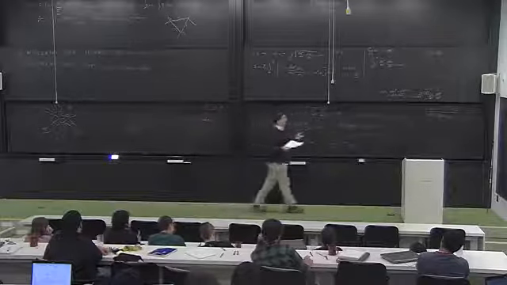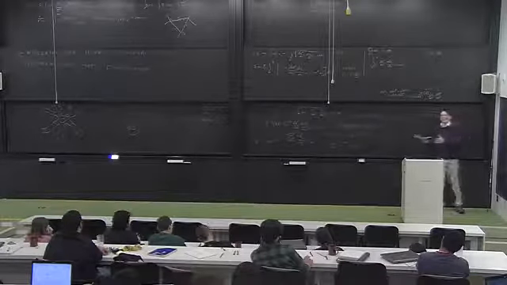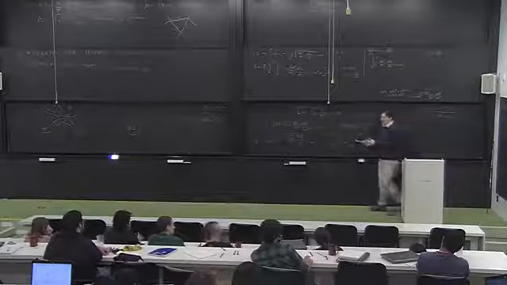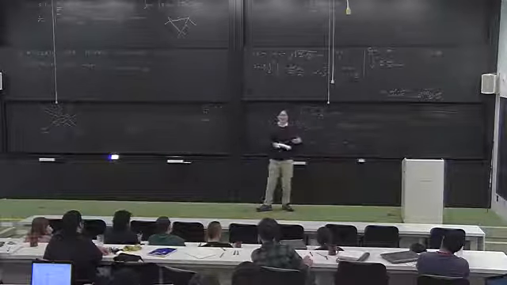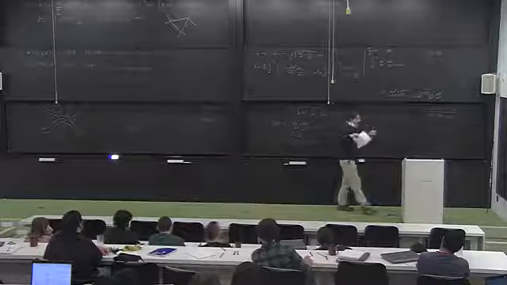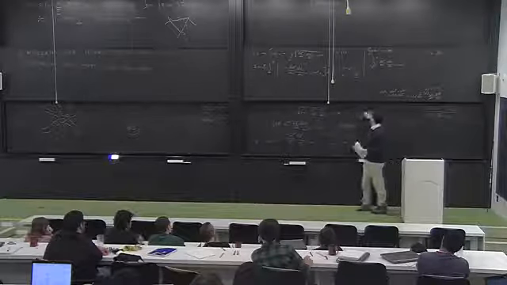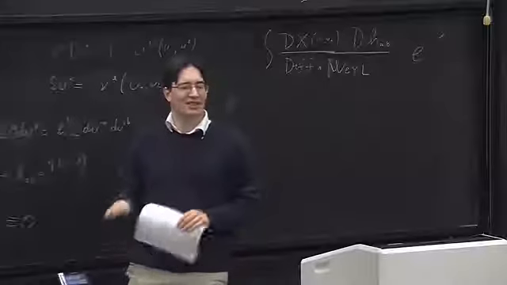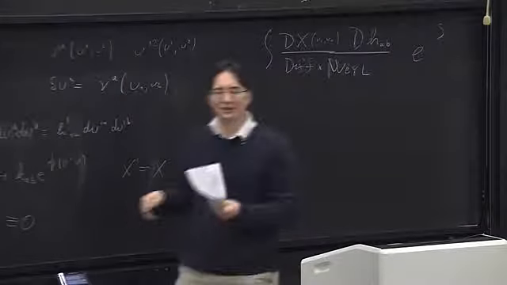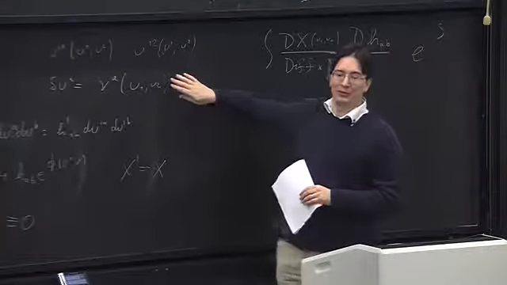But to do so, you use the metric. To regulate, you need some notion of distance. You need to throw away the modes which are moving too fast, have too much energy. So if you define your cutoff in a way that depends on your choice of coordinates, then you're in trouble with diffeomorphisms. That's bad. If you define your notion of cutoff by using the metric, you're fine with diffeomorphisms.